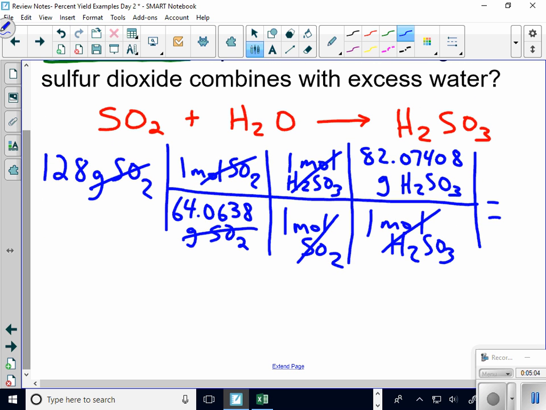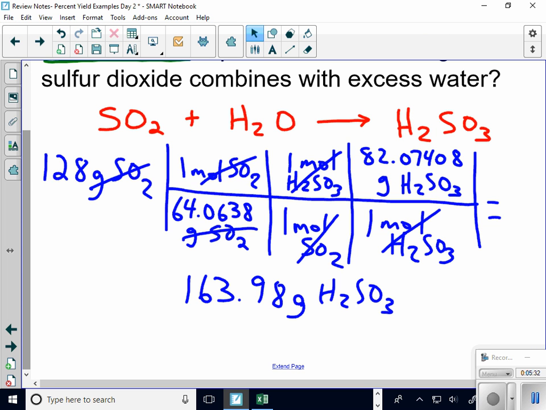So I do my calculations, and I came up with 163.98 grams of H2SO3. Now notice that I have not sig figged this yet. I don't want to round it until I have completed the problem. I have not completed the problem, so I am not going to round yet.